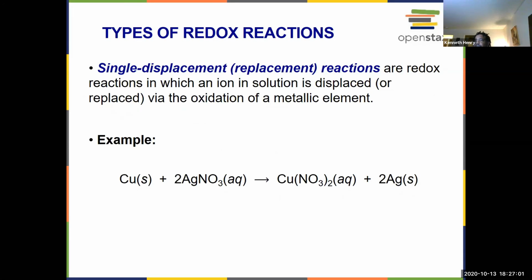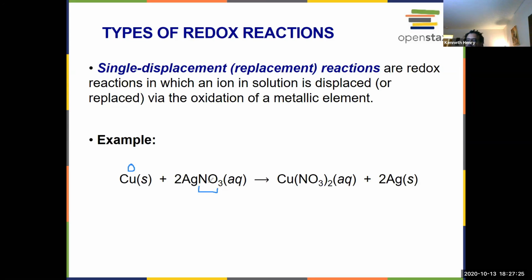Okay. So in this case, copper. What is the oxidation number? 0. Okay. The nitrate.